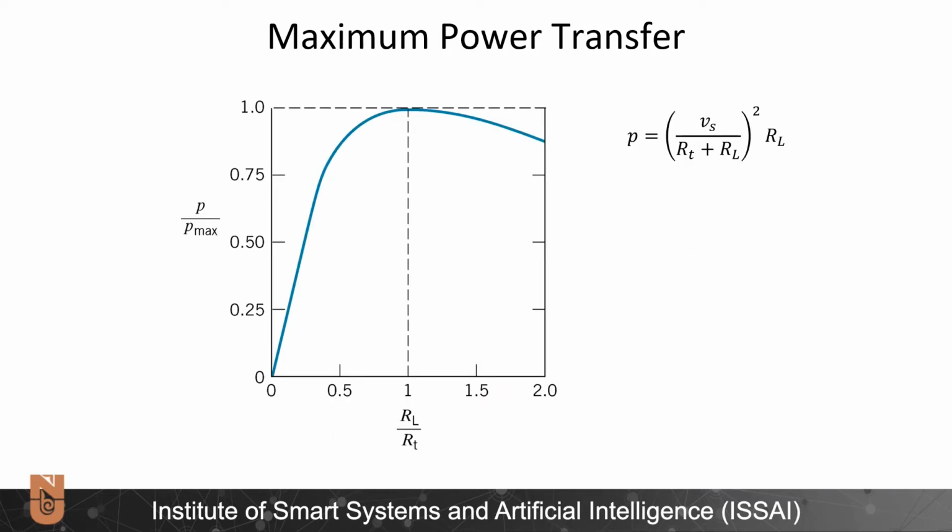If we plot this using MATLAB or any other software, in which on the x-axis we use RL over RT and on the y-axis we use P over Pmax, we end up with this plot. Here P reaches the Pmax value when RL over RT is equal to 1.